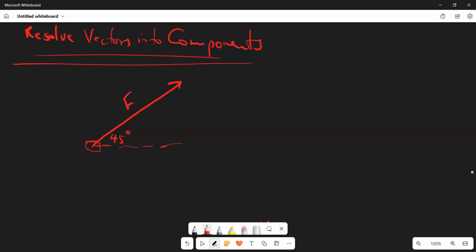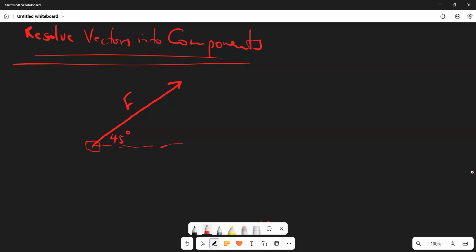And the rope makes a 45-degree angle with the horizontal. Now, let's say you're given the question that you have to determine whether this body is going to be lifted off the ground or it will simply drag horizontally, right?